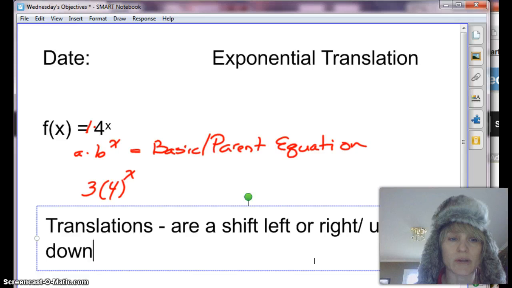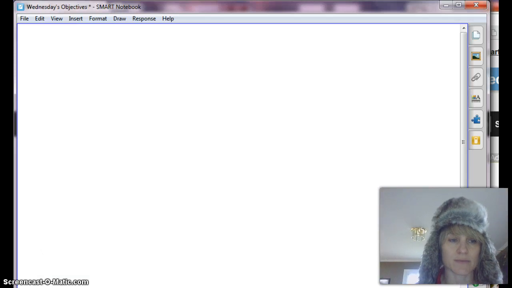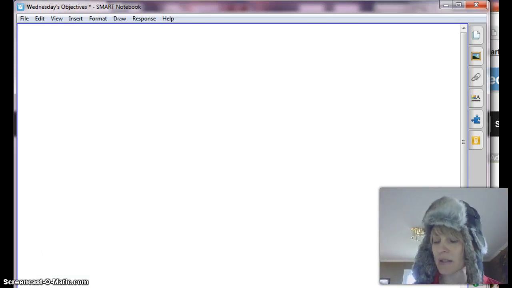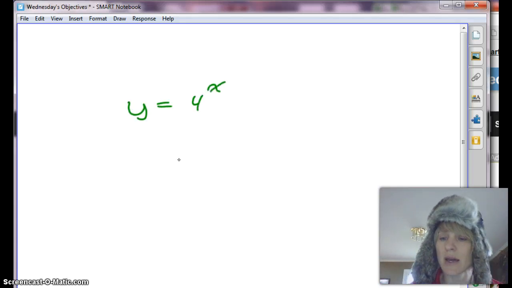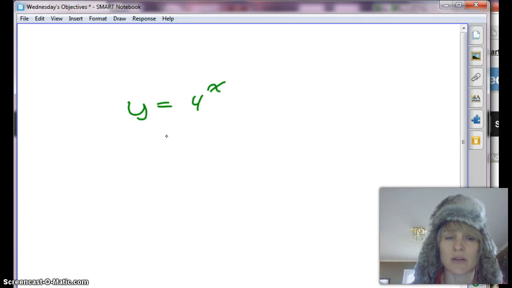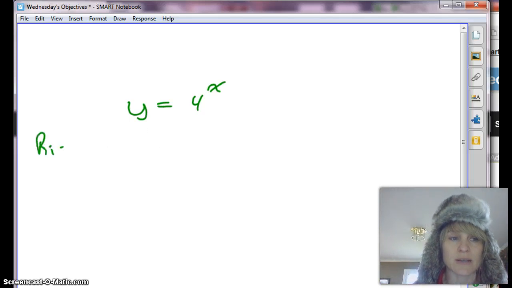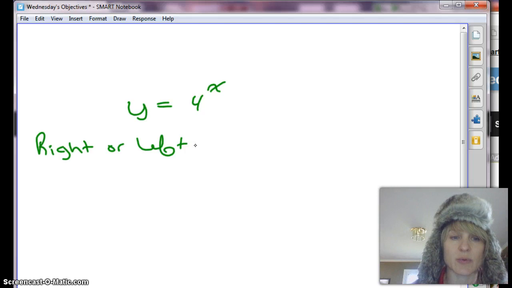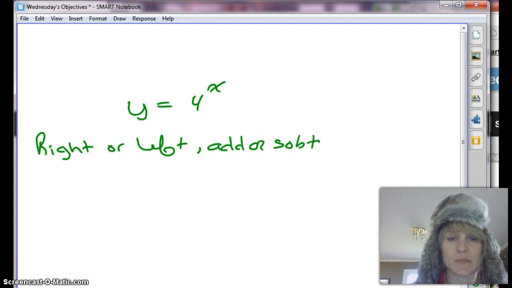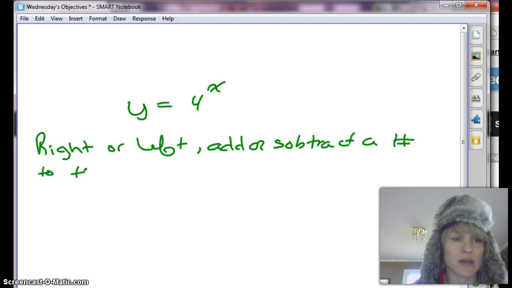So one of the things that we have to know is, I'm going to go back to my parent equation here, y equals 4 to the x, and let's say I want to shift it. So if I want to shift it right or left, I need to add or subtract a number to the exponent.